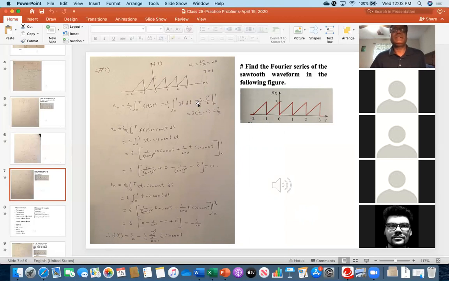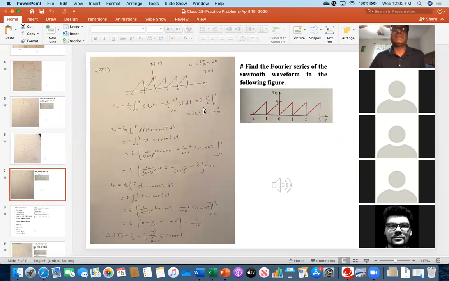Therefore, everybody see, when I am calculating a naught, 1 over T, integration of 0 to T, function of t dt. So 1 over 1, T value is 1. But everybody see, function value is 3t. That is the catch point, and that's why I have brought this problem in front of you.